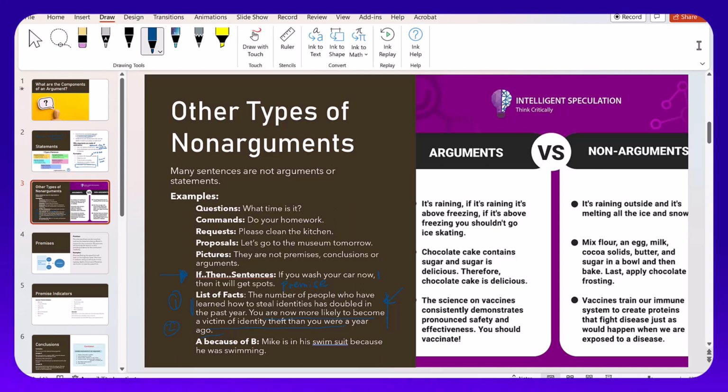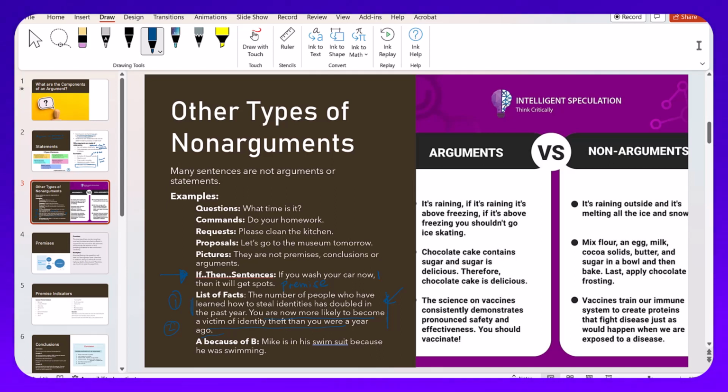By adding that, it's connected in saying that because the number of people who've learned to steal identities has increased, that has caused you to be likely to become a victim of identity theft. And that's the only difference, right? Versus this one, which has the same information but is just listing it.